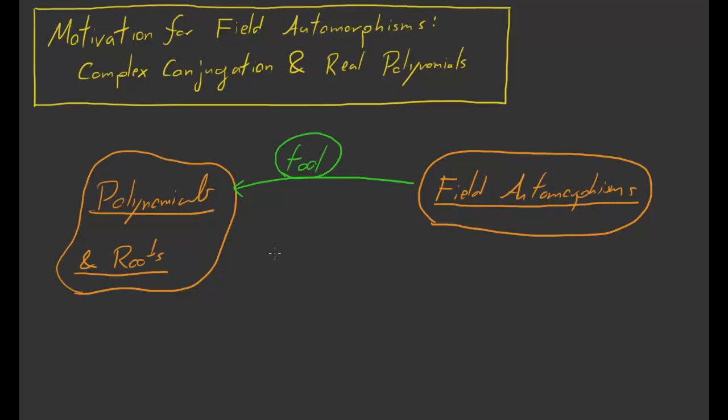So the motivating example I have in mind is the following fact. The fact is that the roots of real polynomials come in complex conjugate pairs.